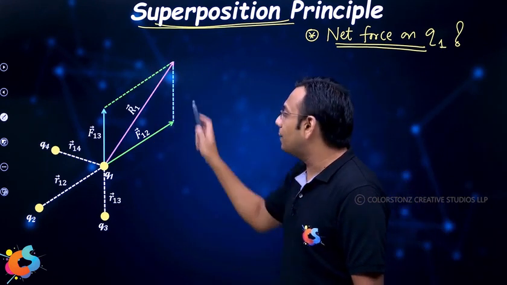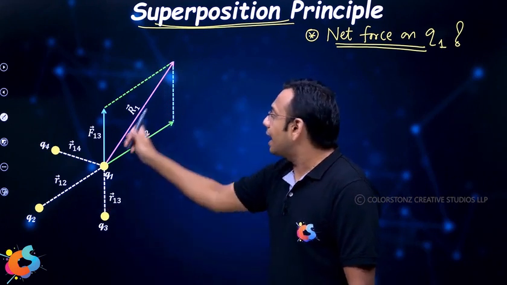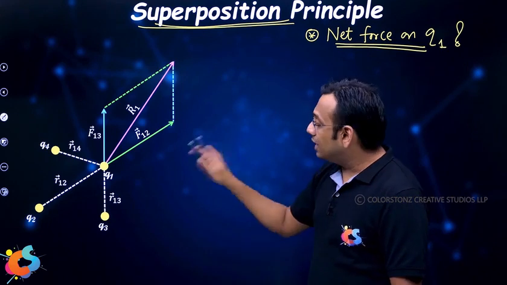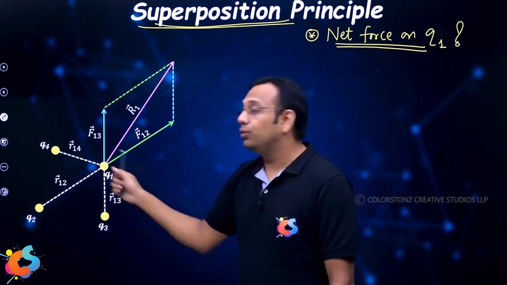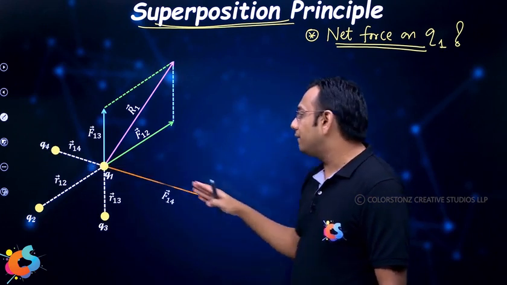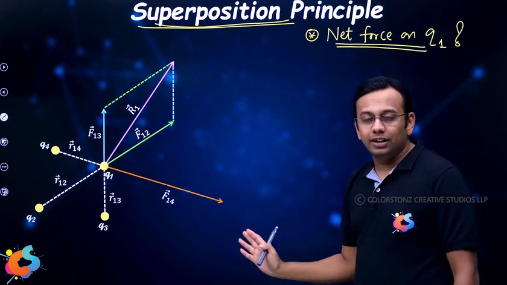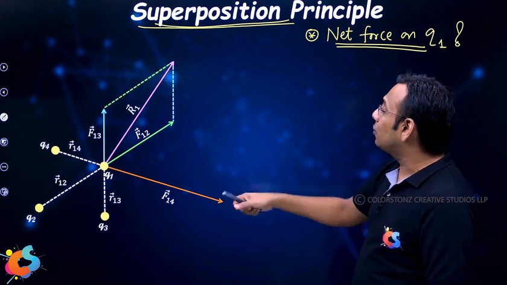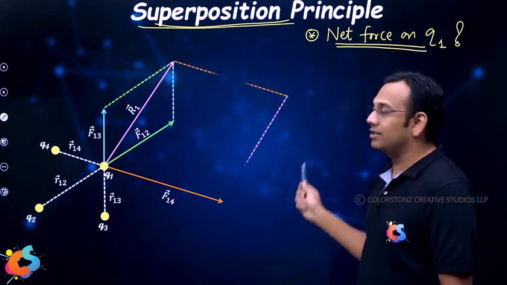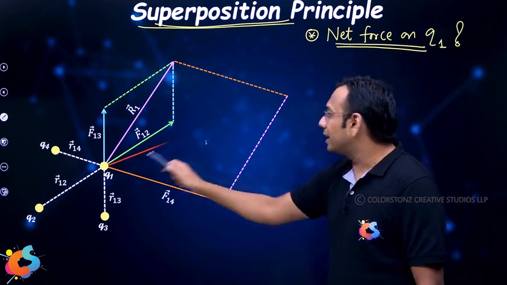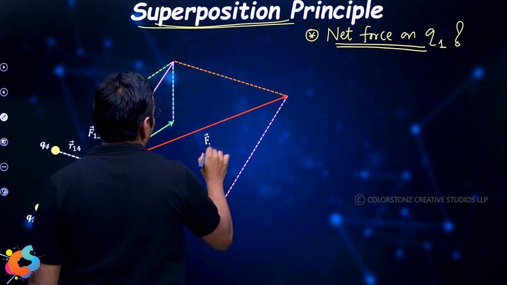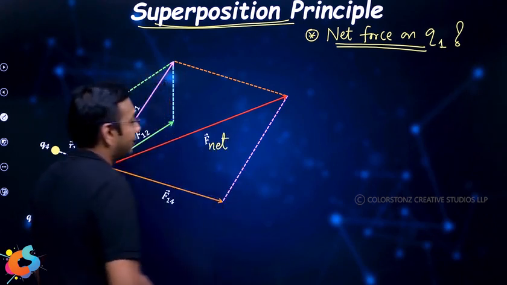So we complete the parallelogram and then the diagonal gives the resultant force R1 vector. Now there is some interaction from Q4 also, some force due to Q4. That will be F14 and it is in this direction. Now we have to add R1 with this F14. So again we'll construct the parallelogram and finally get the net force, that is this. So the final force that we get is the F net.